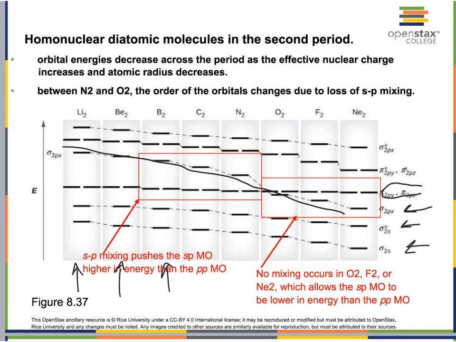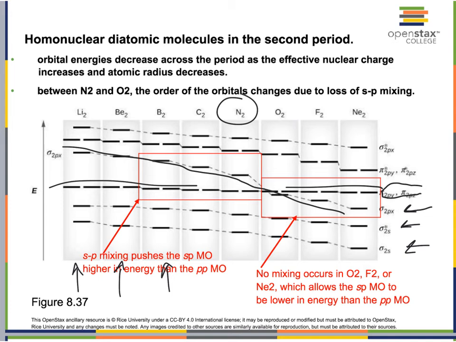So the pi 2p's remain relatively flat. You can see this going across. It's relatively flat in terms of its energy. And so there's this inversion, if you will, when you get to the N2.